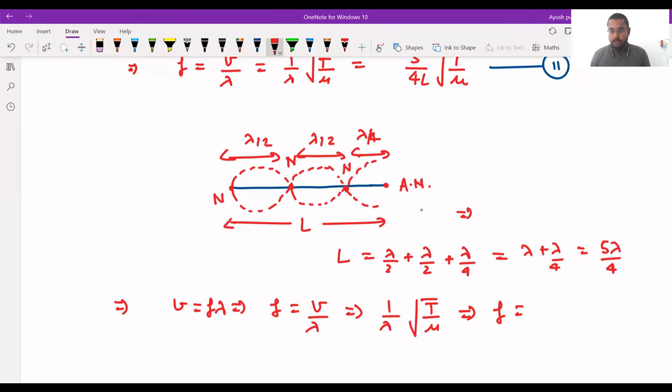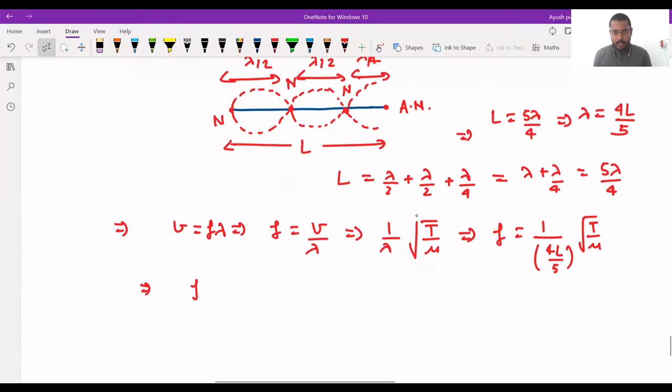So if we know L is equal to 5 lambda upon 4, then lambda is equal to 4L by 5. So now put the value of lambda in this equation. So it will be 1 upon 4L by 5, and it is root T upon mu. Great.